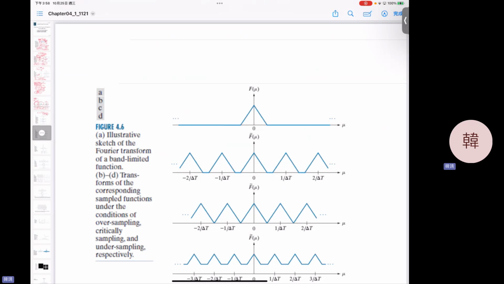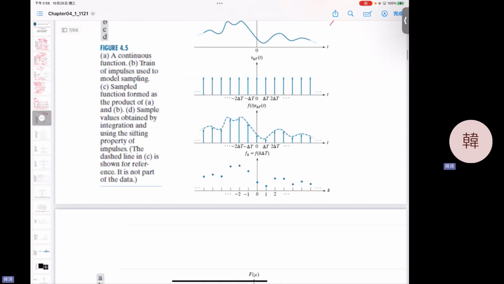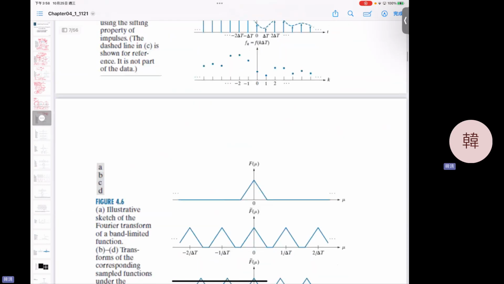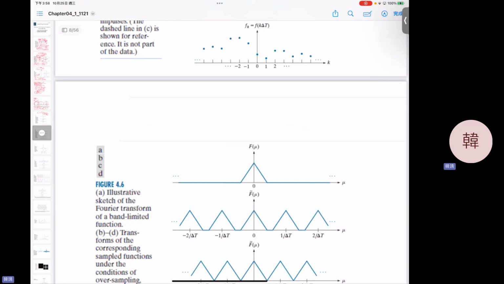Remember, it's a Fourier transform. Okay, so here if you read your textbook, remember they changed t to u. I think they use this one as the parameter. Some of them use omega. Okay, t to omega, the Fourier transform parameter.